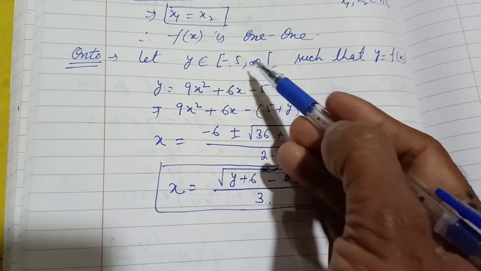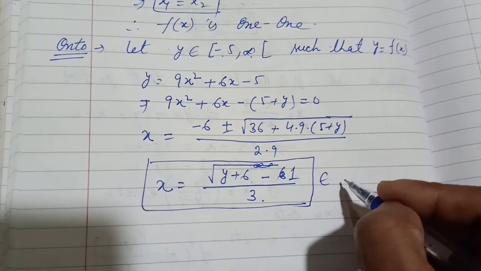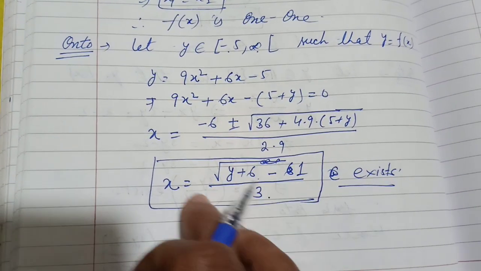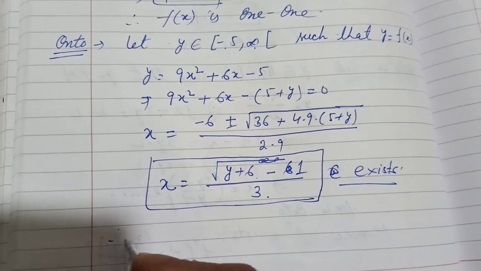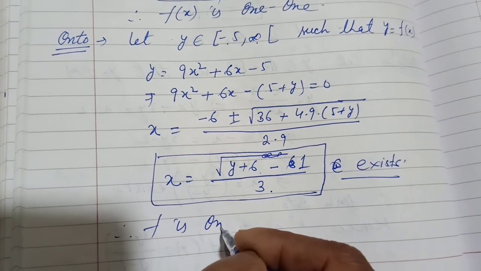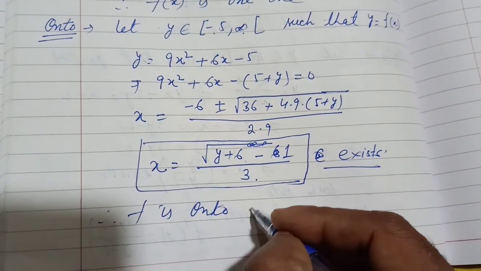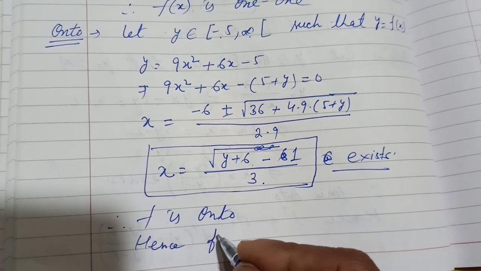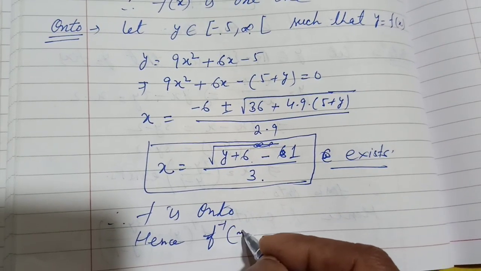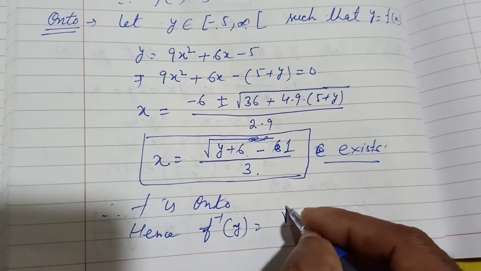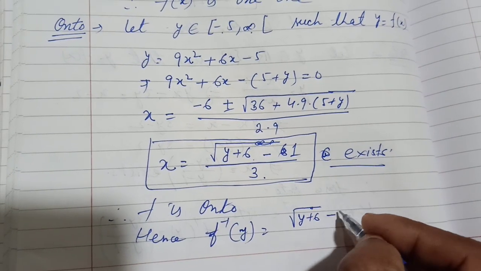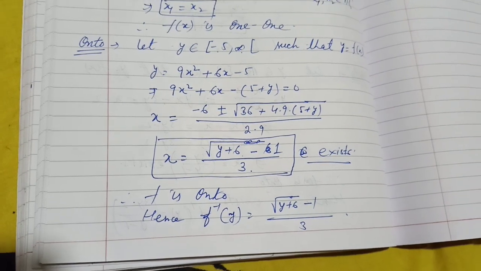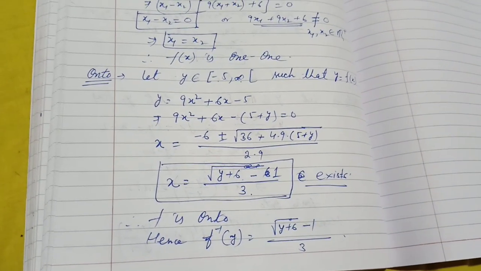So the value of x exists, therefore f is onto. Hence f inverse of y is given by under root y plus 6 minus 1 divided by 3. That is the f inverse value.